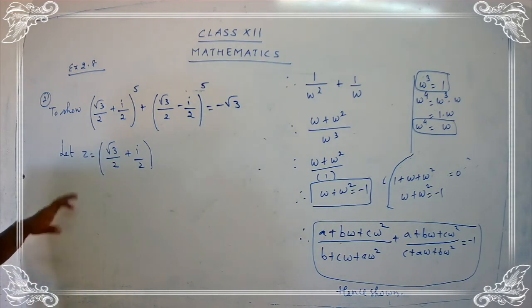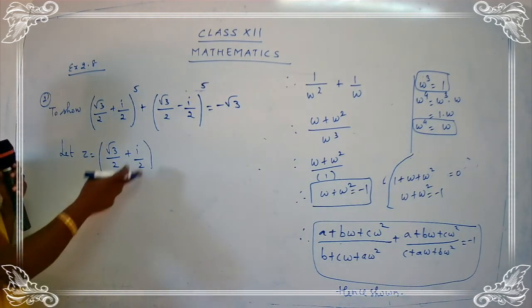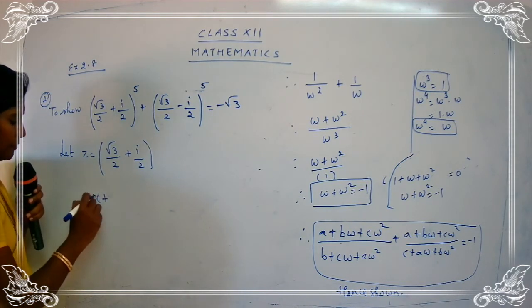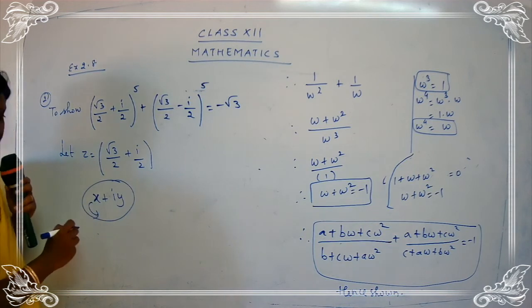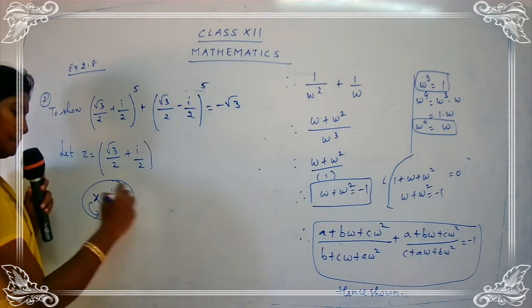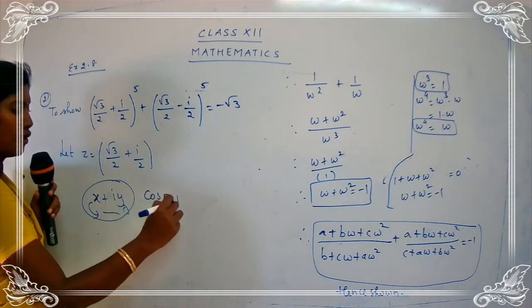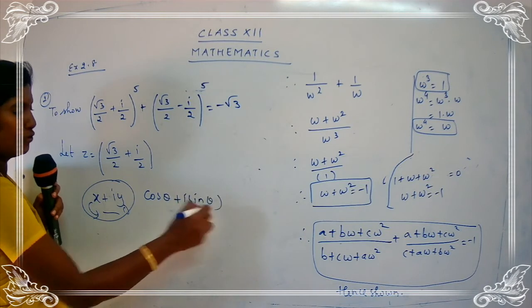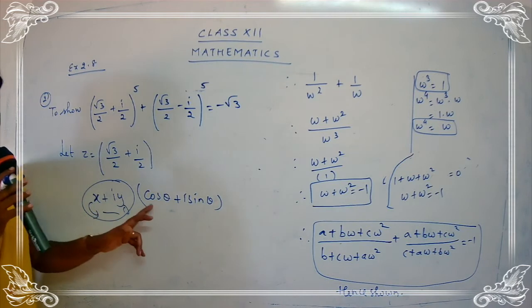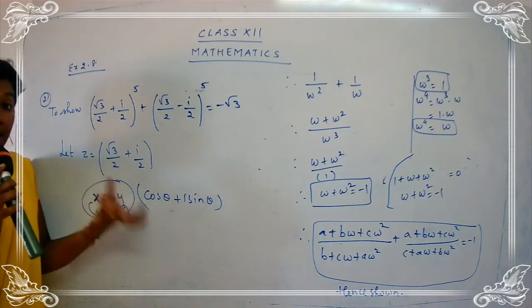And now we are going to write this in the polar form. Now this is a complex form. You know the meaning of complex form? If you have the expression as x plus iy, that is, if you have a real part and an imaginary part, you call it a complex number. And if you have the complex number in terms of cos theta plus i sin theta, you call it polar form or trigonometric form, because the trigonometric functions are used over here.